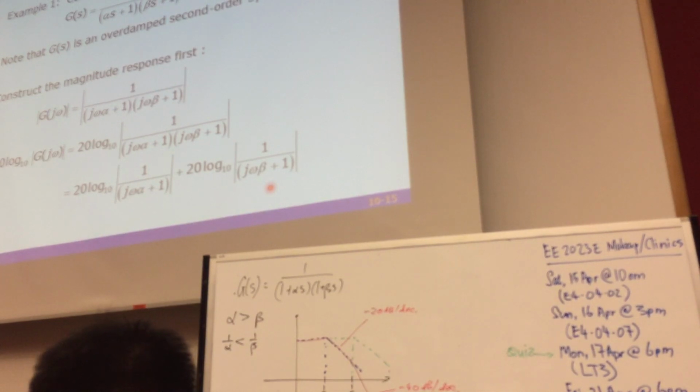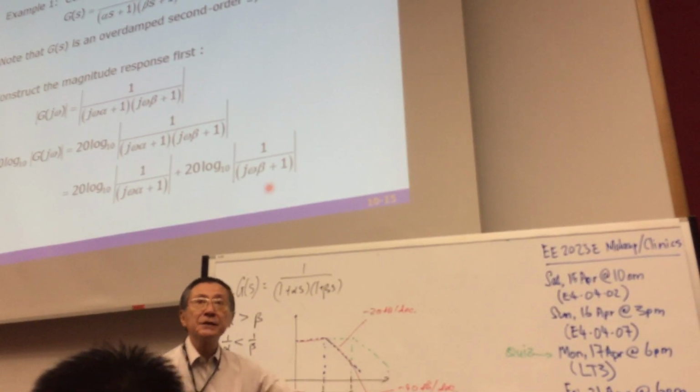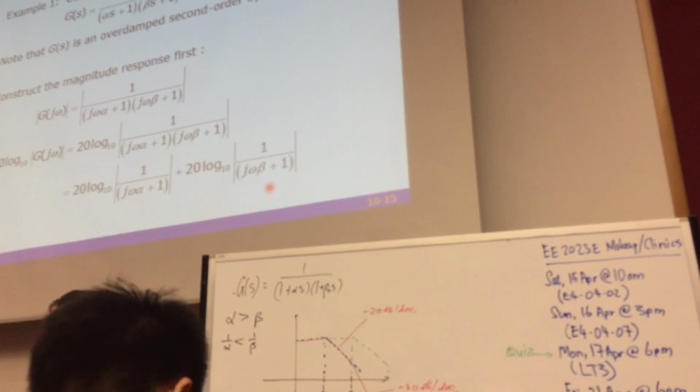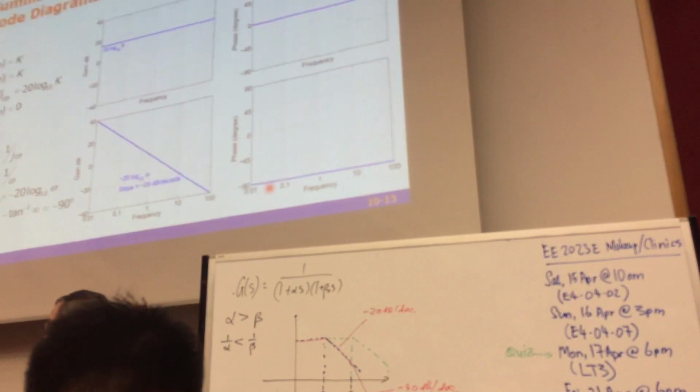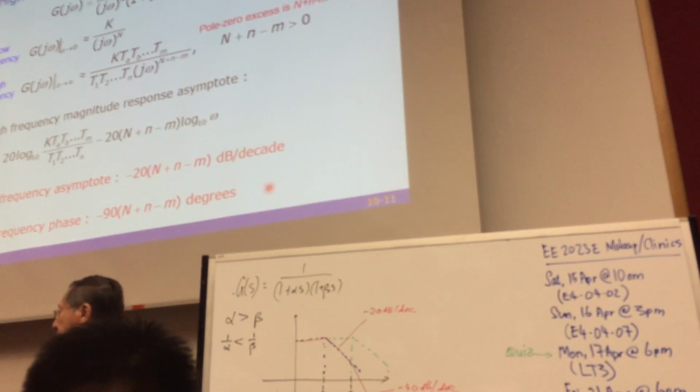Alright? And you notice this is a high frequency asymptote of minus 40. If you look at the general expression that we had earlier, here, right?